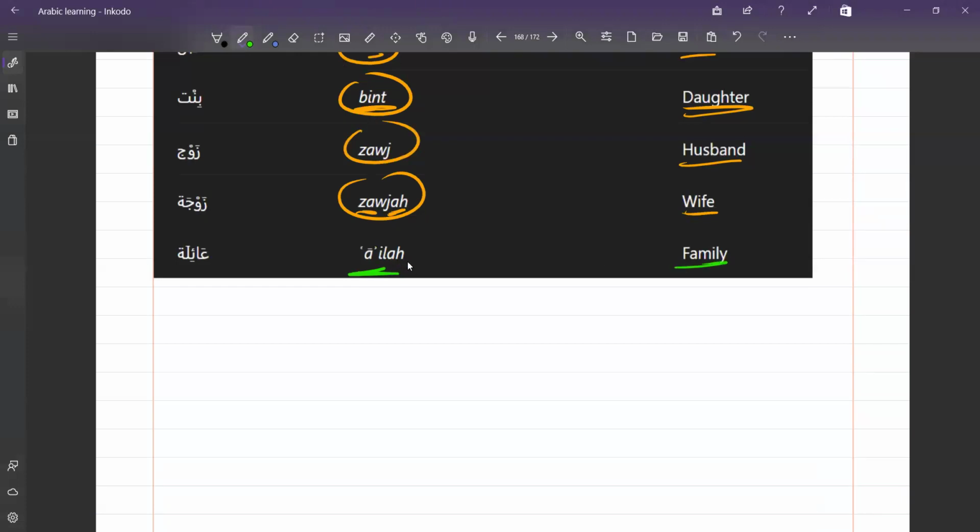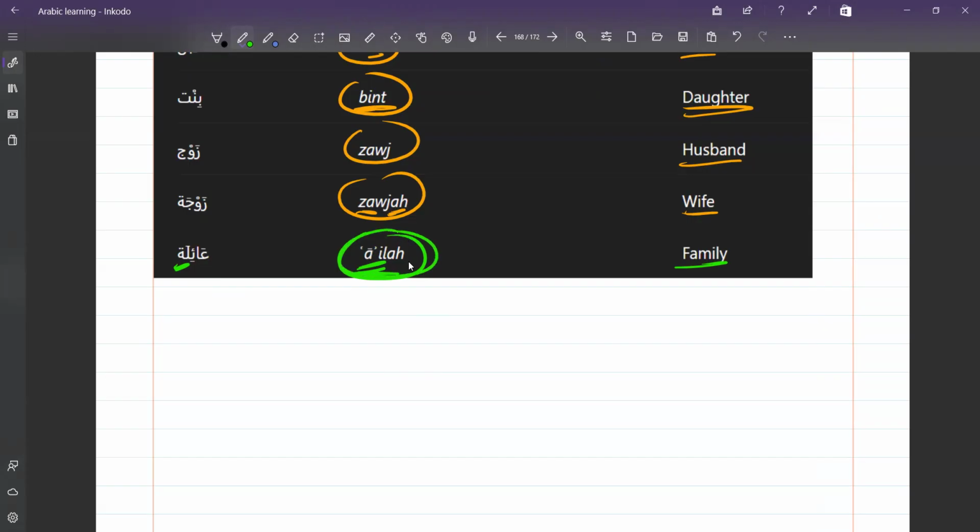And of course, the final word itself is family. Family in Arabic is called a'ila, with an a sound from the deep throat. A'ila means family. As you can see, this word a'ila ends with a ta, so it means the word family in Arabic is feminine.